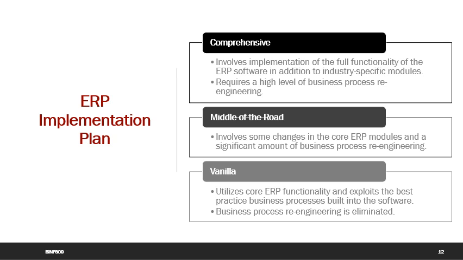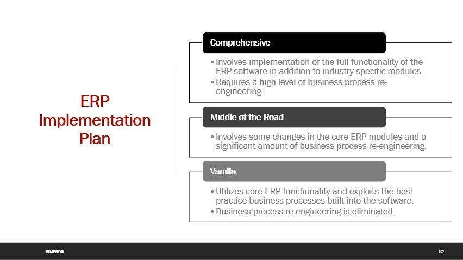It involves implementing the full functionality of the ERP software in addition to the industry-specific modules. Implementing the full functionality requires a high level of business process re-engineering with major changes in the business process and customization of the legacy systems.